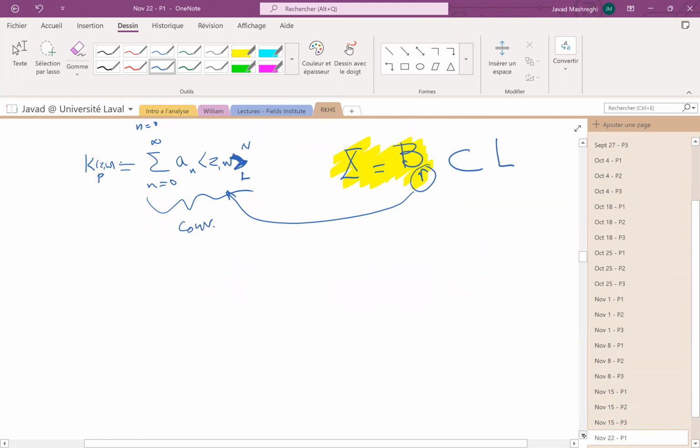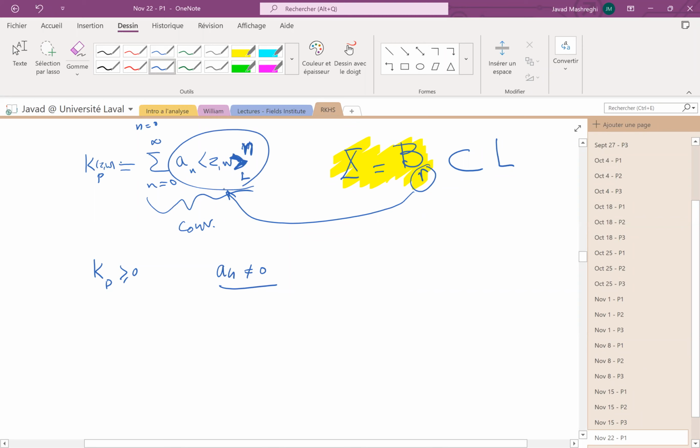So as before, it's easy to see, we have seen this several times before, K_P is bigger than or equal to 0. And what are the elements? Now it's easy for us to see what the elements are. It depends if a_n is 0 or not 0. If it's 0, then it kills this part and we cannot say anything about it.